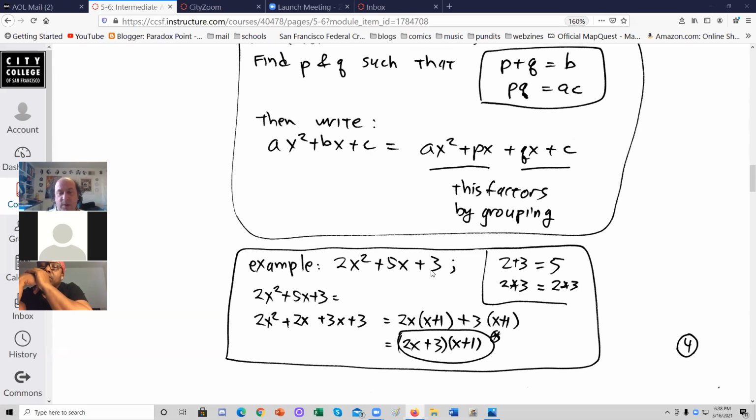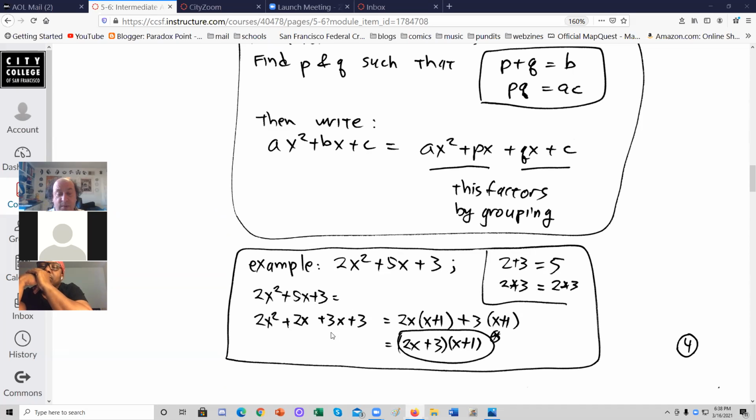We want two numbers whose sum is 5, 2 and 3 do it, and their product is 2 times 3, 2 and 3 do it. 2 plus 3 is 5, 2 times 3 is 2 times 3. Good. So you rewrite this, write the 5x as 2x plus 3x. 2x squared plus 5x plus 3 is 2x squared plus 2x plus 3x plus 3.